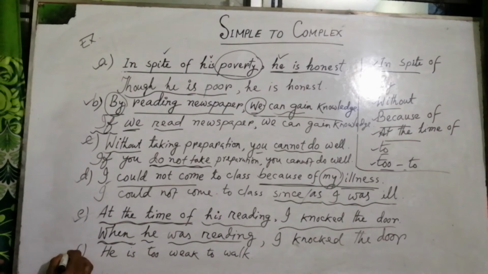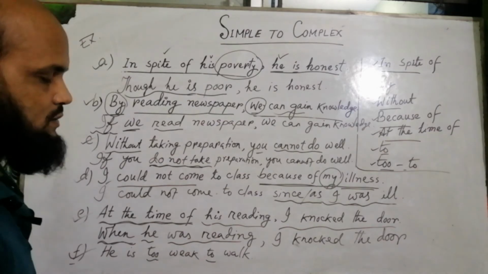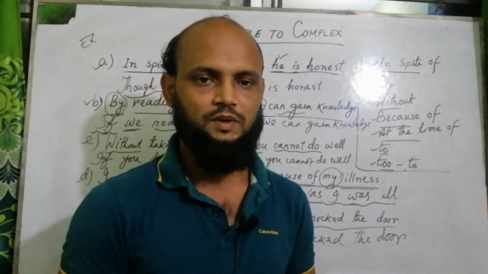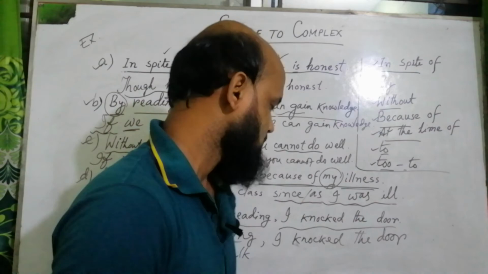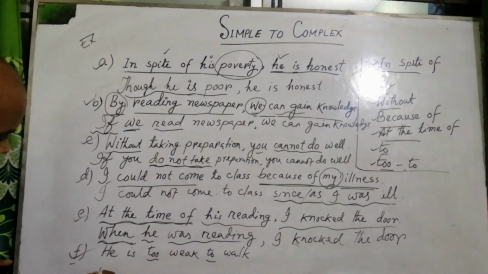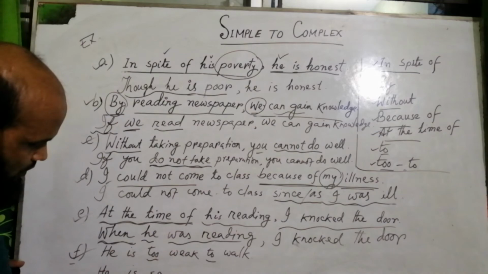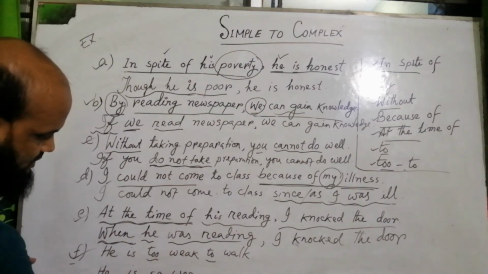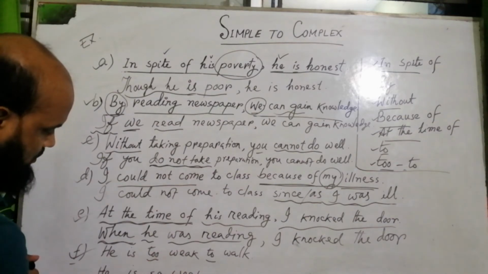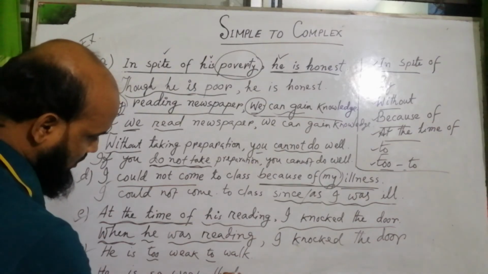So F. He is too weak to work. Here you see too. This indicates something quite like negative. So you have to write a negative here. He is, instead of too we can write so. He is so weak. Write the adjective here. He is so weak. Now write that.